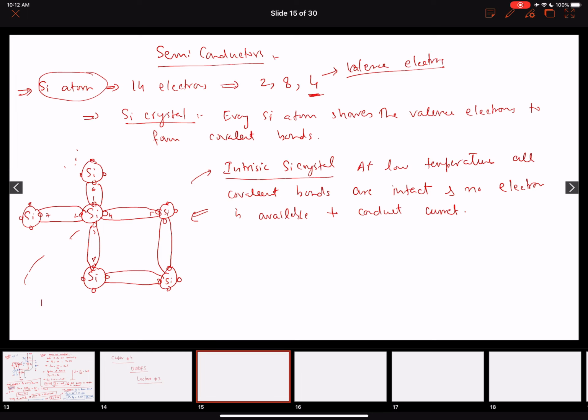Now, interestingly, as temperature increases, for example at room temperature, thermal energy breaks the covalent bonds in a process called thermal generation.